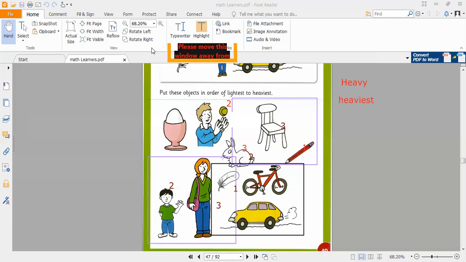Okay, Abdullah is going to tell us which one is the first. The feather is lightest. Yes, good. Okay, number two.